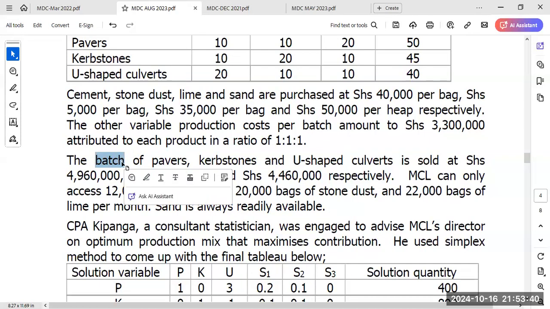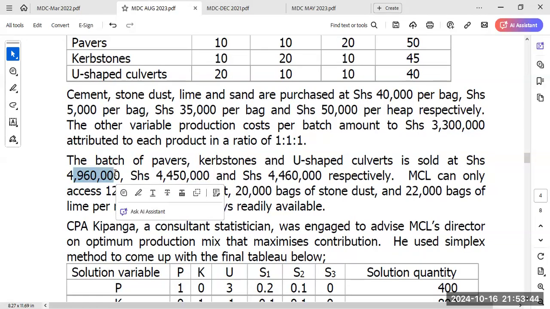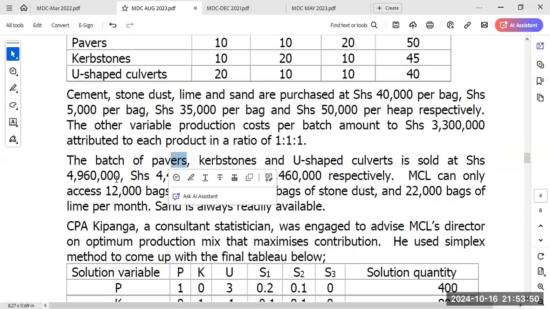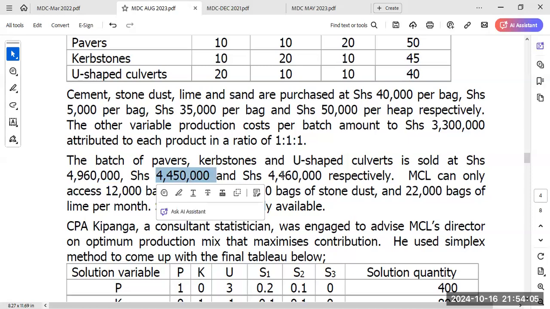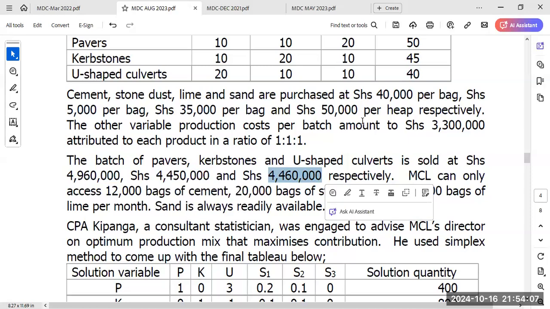So this means that here what you're given is per batch. If you sell a batch of pavers, then each batch will be at this amount of money. If you sell capstones, each batch will be at this amount of money. And U-shaped culverts will be at this amount of money.